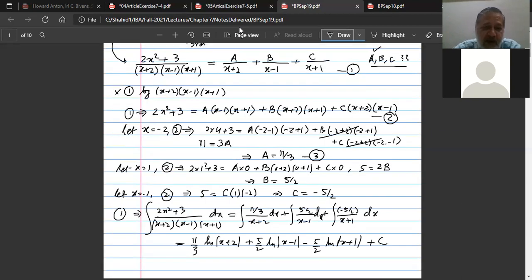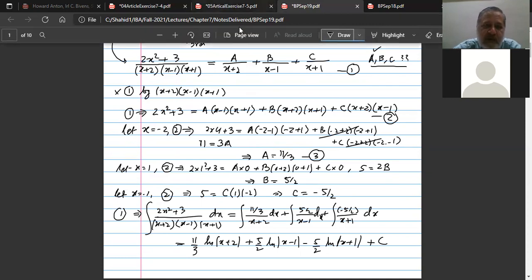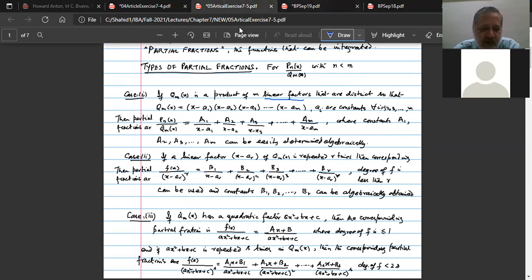And then integration of this becomes integration of this, values of a, b, c known, and the integral is straightforward. Whenever we have a linear factor in the denominator, we will have a corresponding term of this type and a corresponding integral of this type. So that was case 1, when every factor is a linear factor.